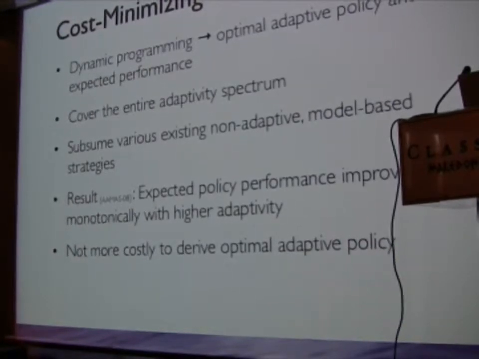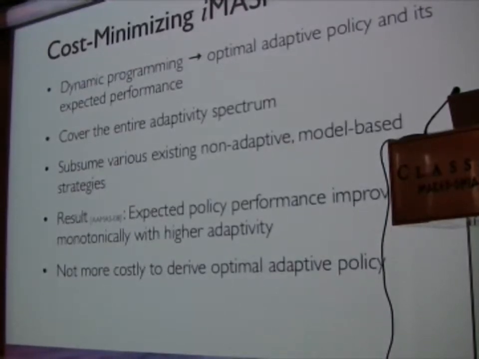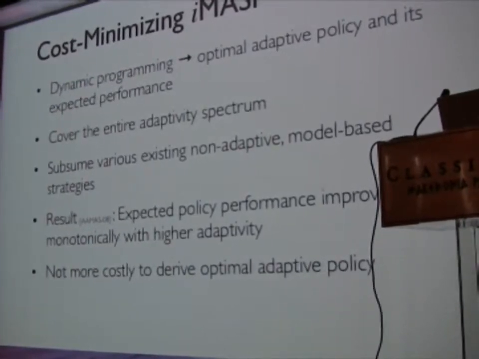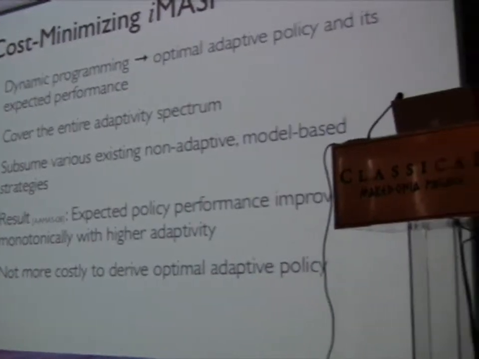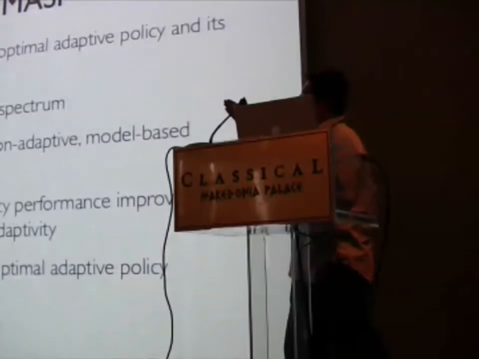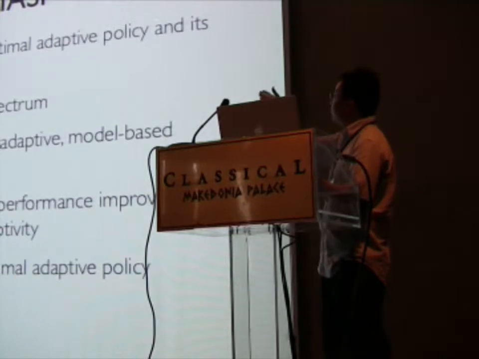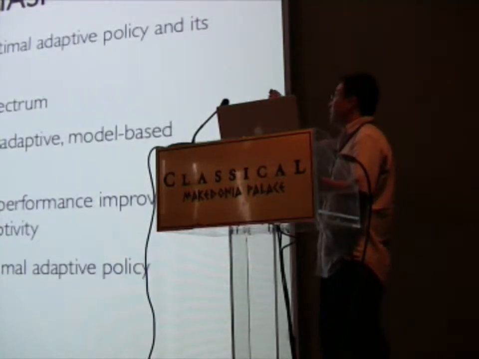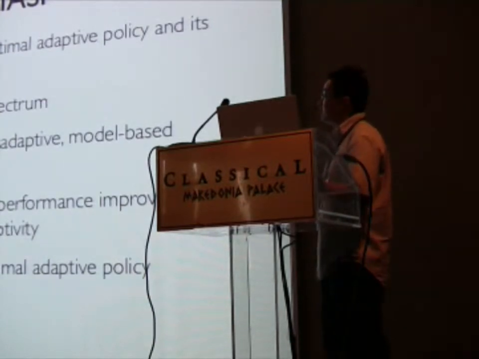Now that I've told you about adaptivity, the cost-minimizing IMASP is actually a set of dynamic programming equations whereby, if you have a certain degree of adaptivity and you fit it into the dynamic programming equation, it will produce, firstly, the optimal adaptive policy as well as its expected performance. So when I have different degrees of adaptivity, I'm able to generate different expected performances of policies of different adaptivity. This allows me to cover the entire adaptivity spectrum.